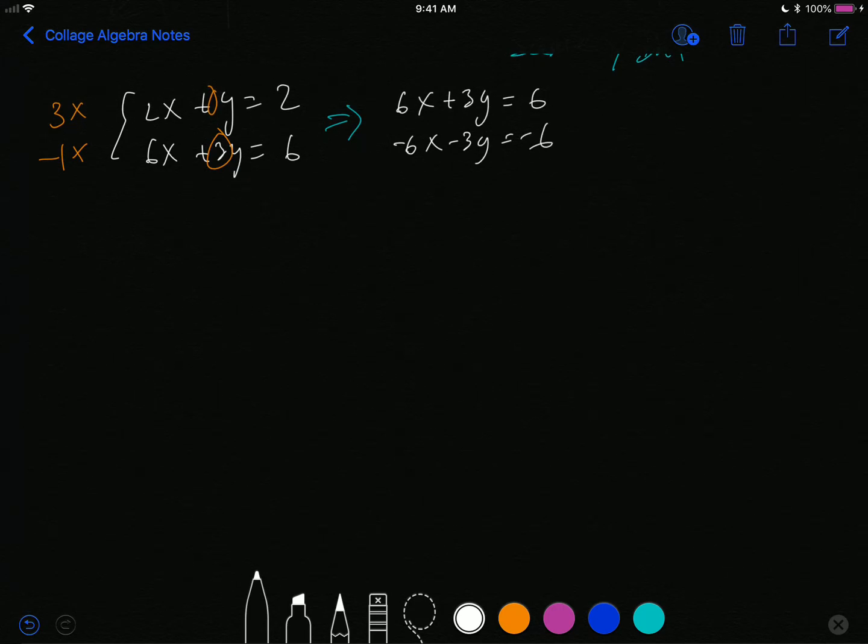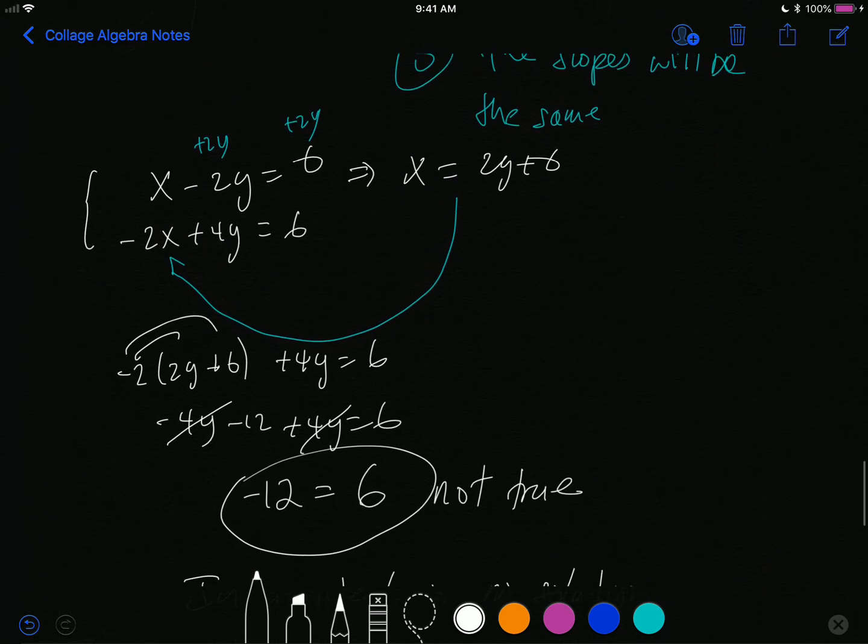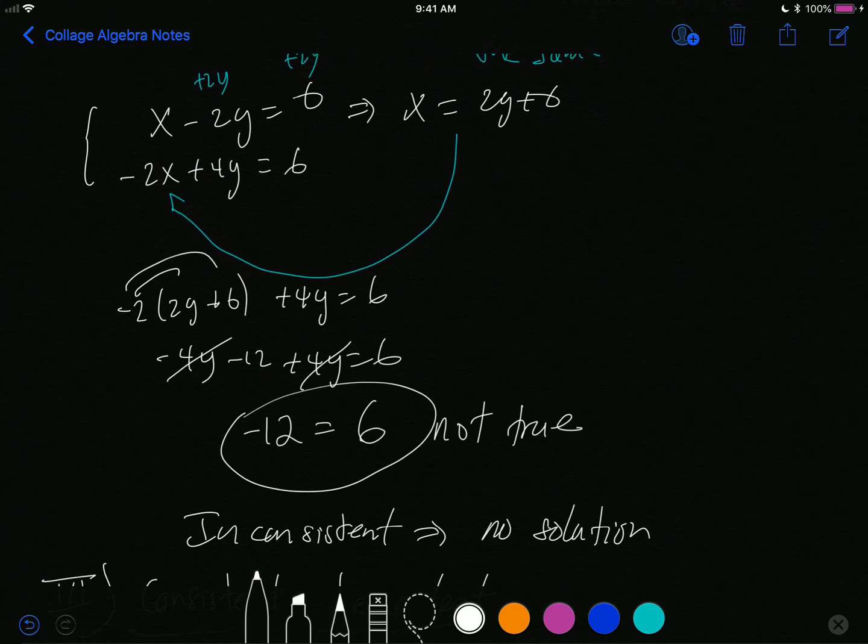If you look very carefully, you'll notice that I have the same exact equation, but with opposite signs. When this happens, both of these eliminate, leaving me with 0, and on the other side, it leaves me with 0. Well, 0 equals 0, yes, this is true. And that's why it's a consistent solution, because 0 does equal 0, unlike our previous example, where we got -12 equals 6.